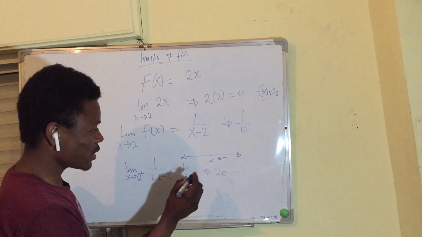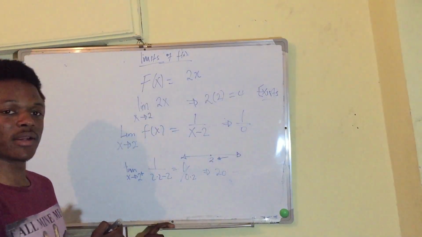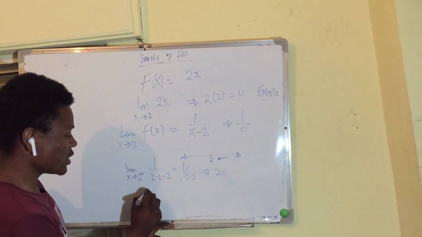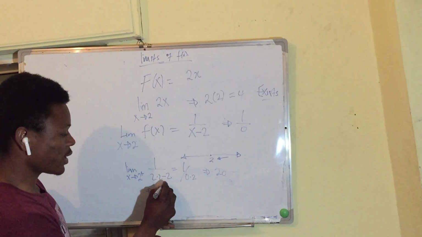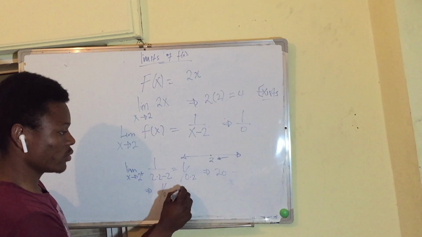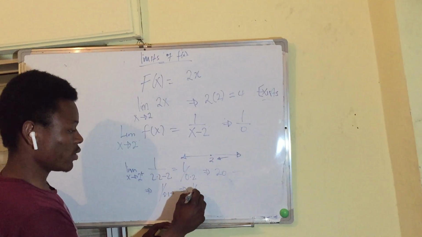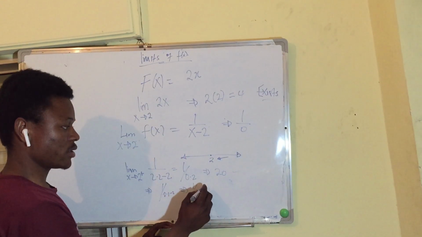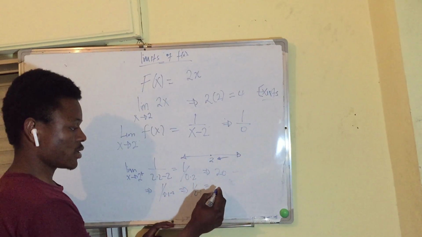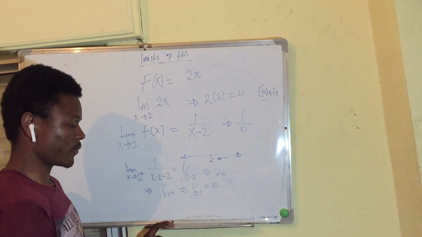If we test another number, let us say 2.1, we have 2.1 minus 2, which is 1/0.1, right? That is 10.